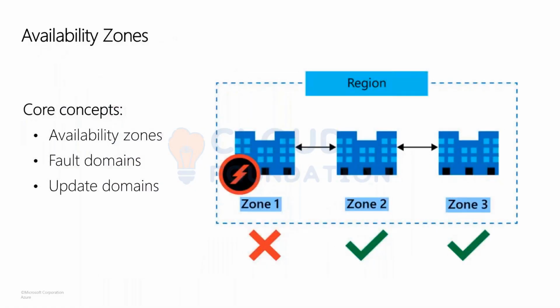Let's go to the next section over here. Now the next option that we have is availability zones. Now, once it comes to availability zone, internally it has number of fault domains, number of update domains.